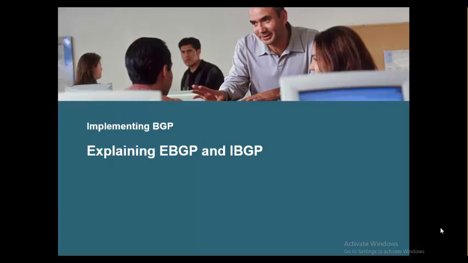I'm talking about ASR devices. Just to explain, in iBGP, you don't need to write a policy for updates to be sent and received. Whereas in eBGP only, you need to write a policy to allow updates to go out and come in.